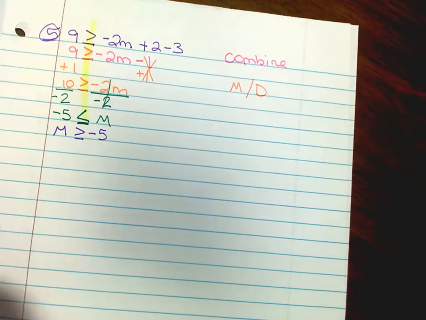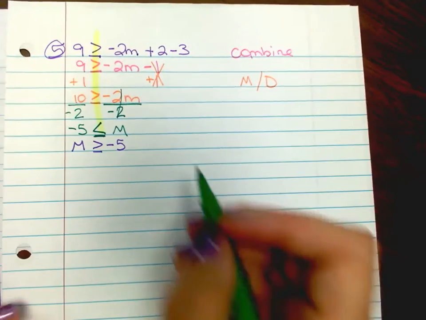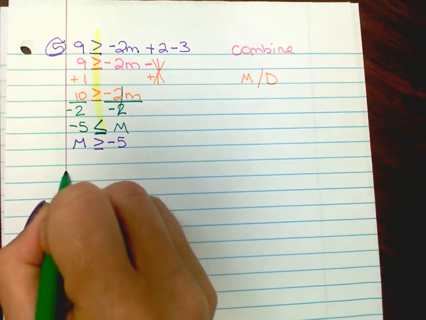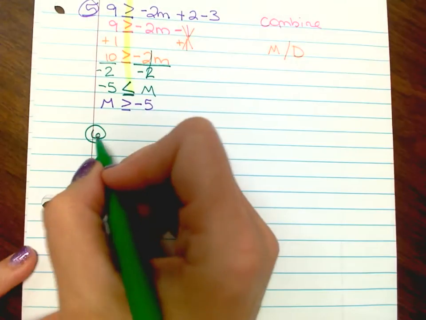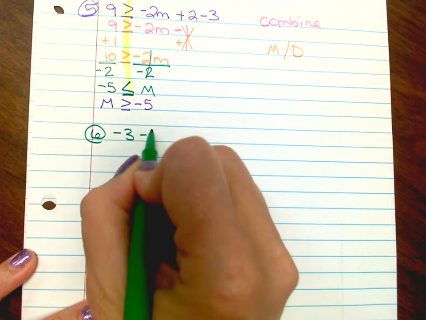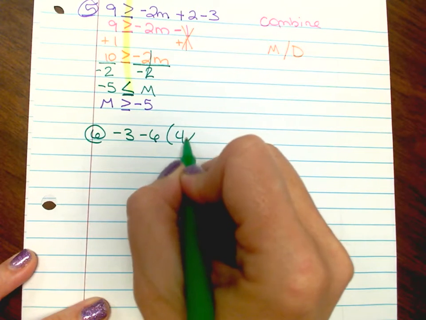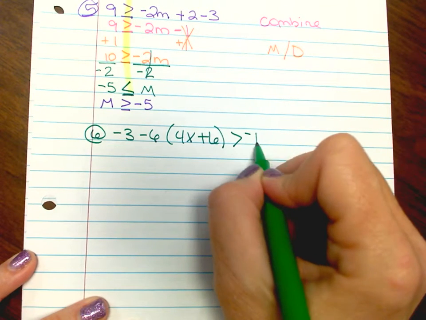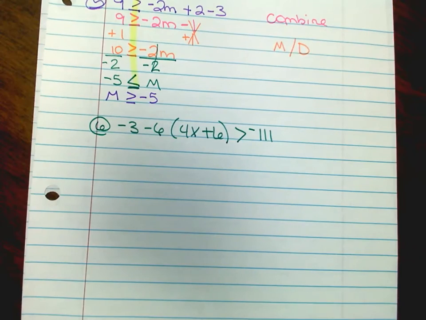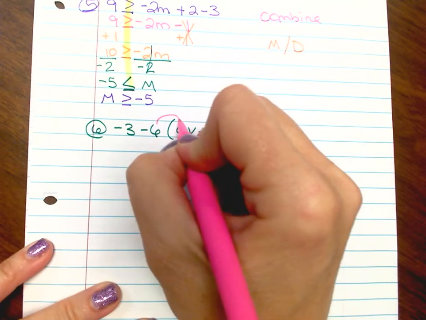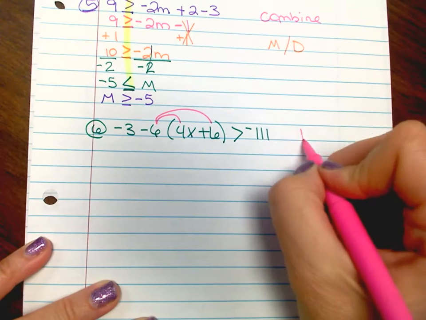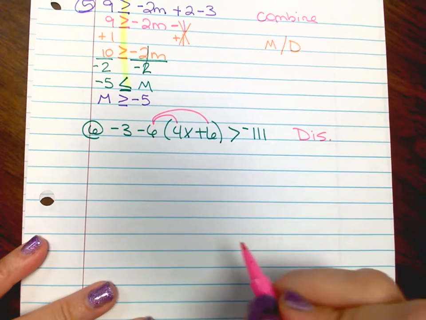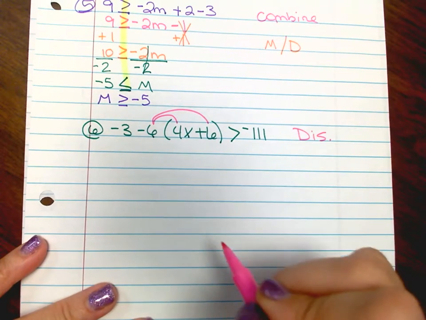Let's look at number 6. Negative 3, negative 6 times the quantity 4x plus 6, greater than negative 111. Okay, we have to distribute first. That's our first step because we have the parentheses.